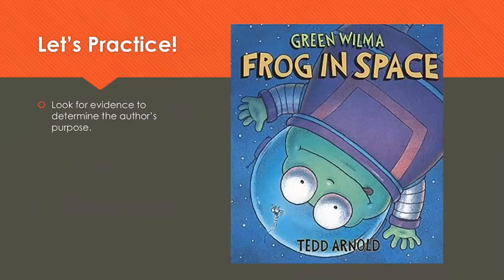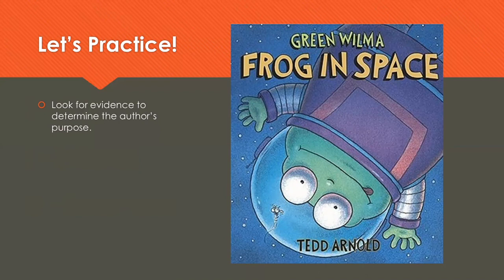Let's practice. Look for evidence to determine the author's purpose of this book. It's called Green Wilma, Frog in Space, and it's written by Ted Arnold. What is the author Ted Arnold's purpose? Ask yourself, is this frog and fly real or make-believe?